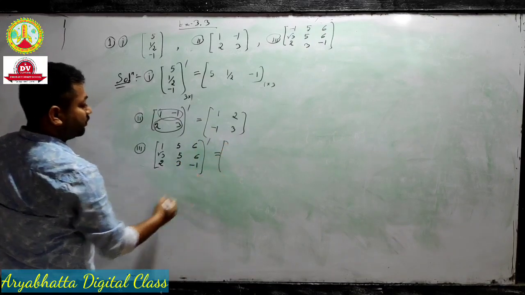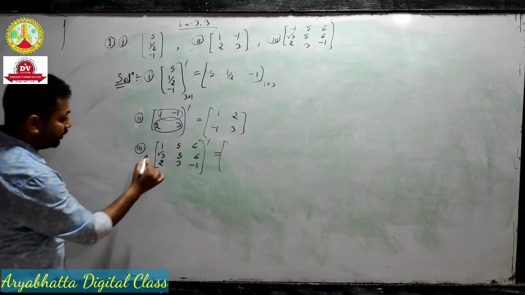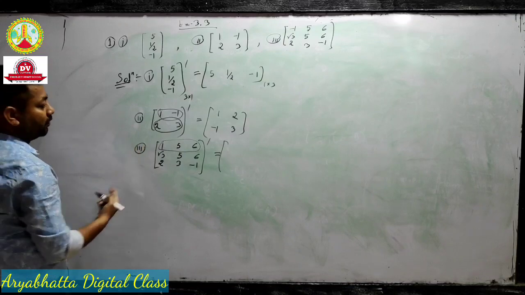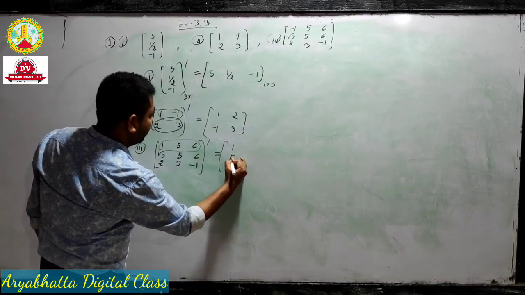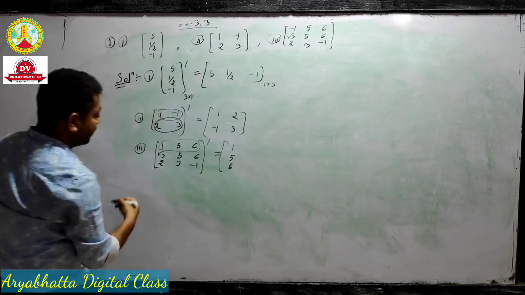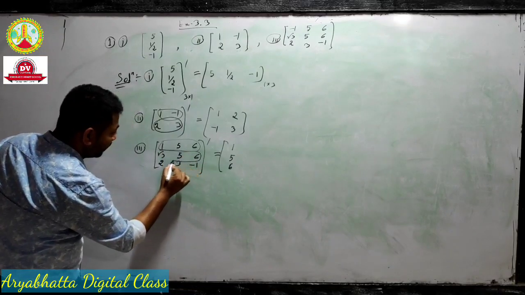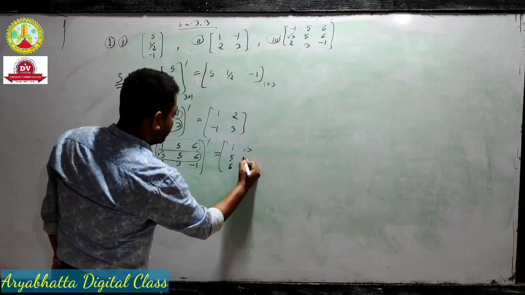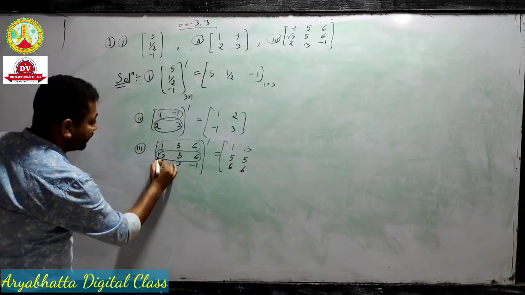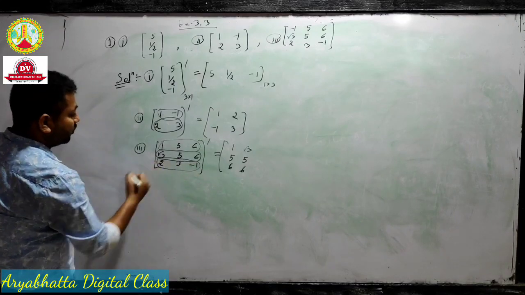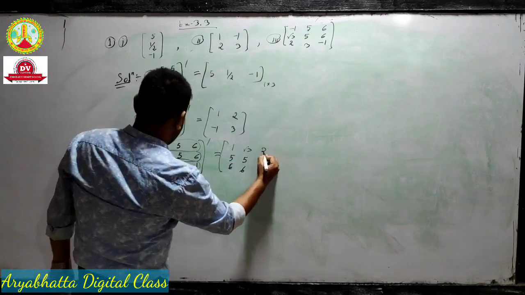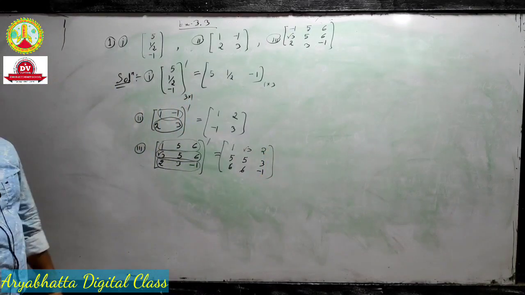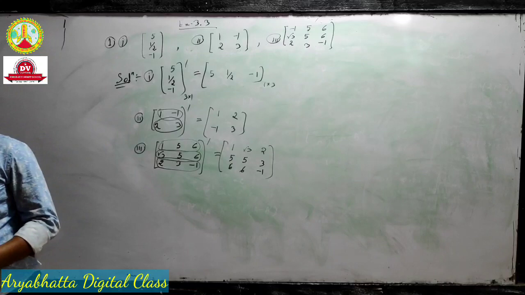Transpose equal to interchange the first row into first column. Then we have 1 5 6. Next, interchange the second row with second column. Then we have root 3 5 6. Interchange the third row with third column. Then we have 2 3 minus 1. The result is this. Next, we discuss question number 2.